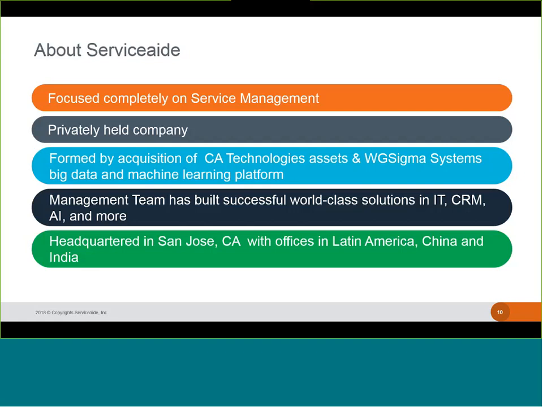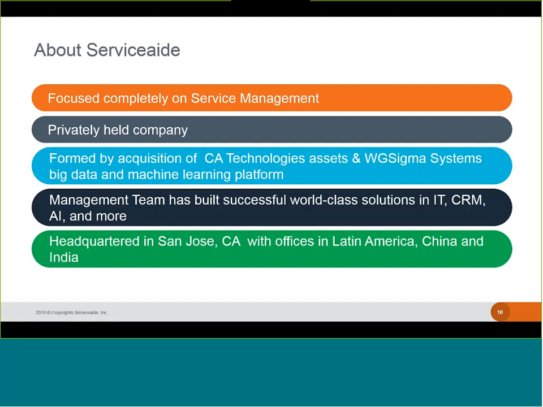WG Sigma Systems focused on big data and machine learning technology for different industry verticals. Our founders came from companies like Amdocs, and really saw an opportunity where in the customer service and call center world, AI was used widely. Our CTO worked on a project at DirecTV.